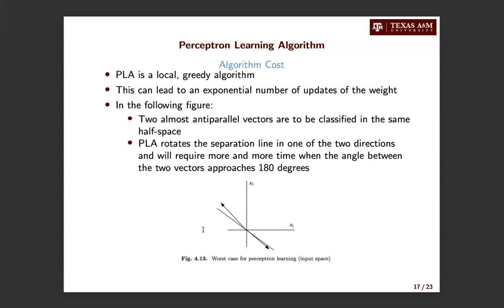In this case, we also provide an example of two samples. Here, this is one sample represented by this vector, and another sample represented by another vector here. If these two samples are almost anti-parallel with each other and belong to the same class, then the linear perceptron will have a very hard time finding a line that can separate between the two, especially if the learning rate is high.